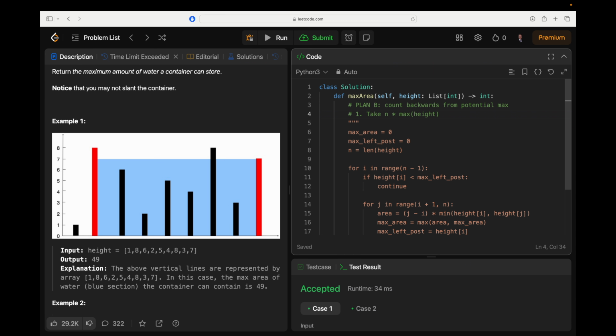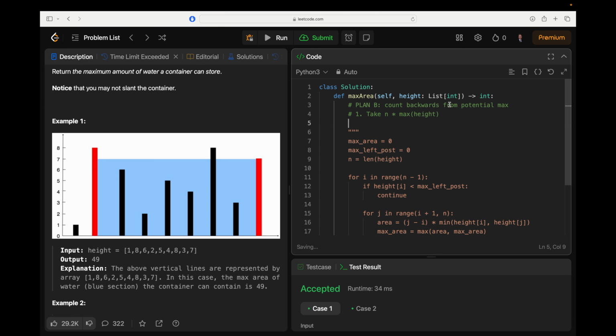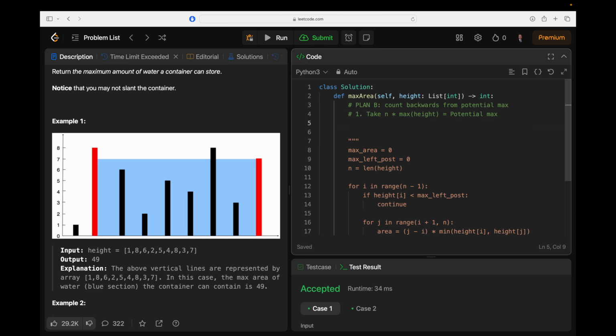Okay, I was just checking to make sure some syntax was right. So we take n times max height. That's the potential max. Okay, step 2. Count down from potential max.